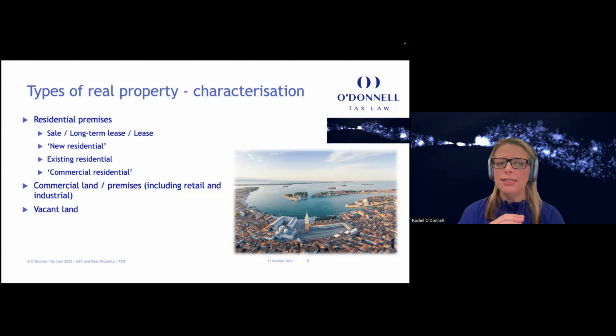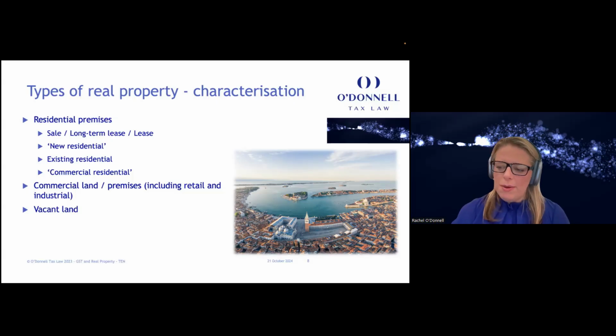So it's input taxed unless it's new residential as defined or commercial residential as defined. I've noted existing residential there as a non-defined term, if you like, and that's because whilst it's not specifically a defined term, we often refer to it that way because it's residential premises that aren't new residential and commercial residential, sort of the leftovers, if you like.